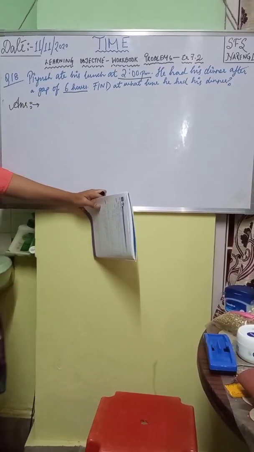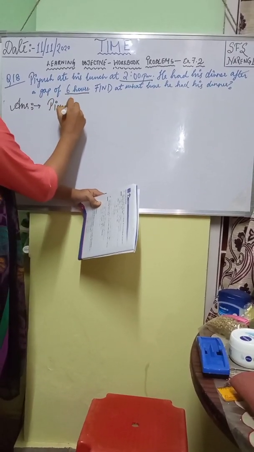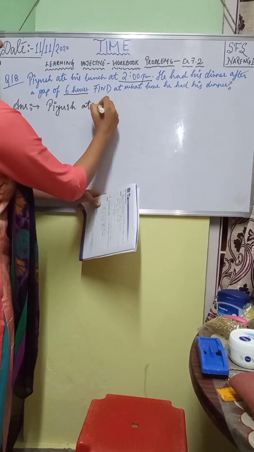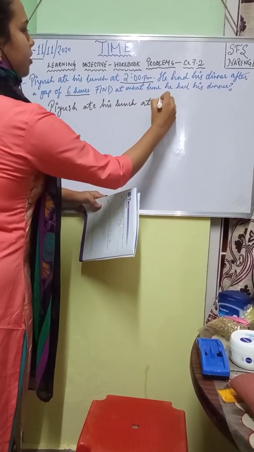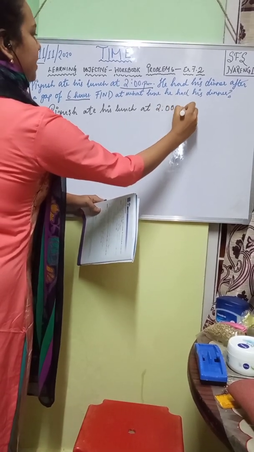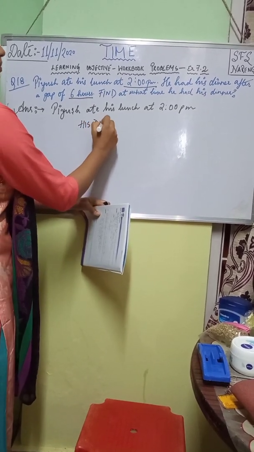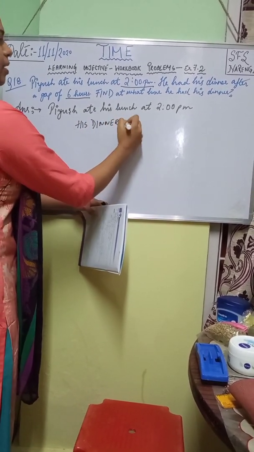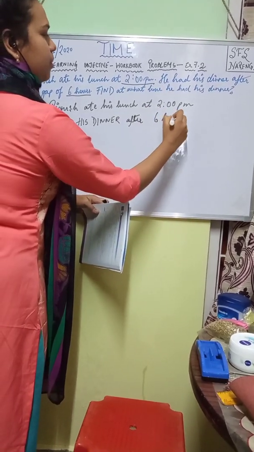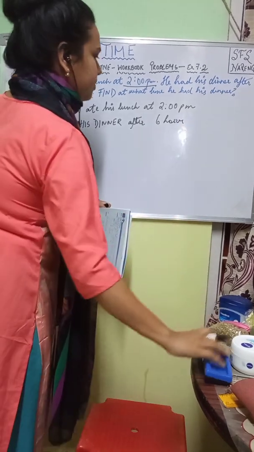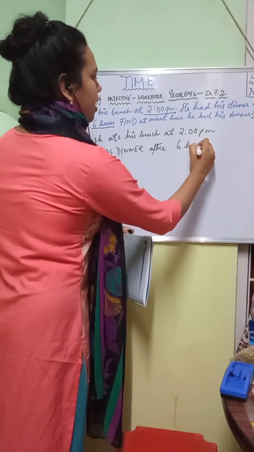First, we have that Piyush ate his lunch at 2 p.m., and he had his dinner after 6 hours.